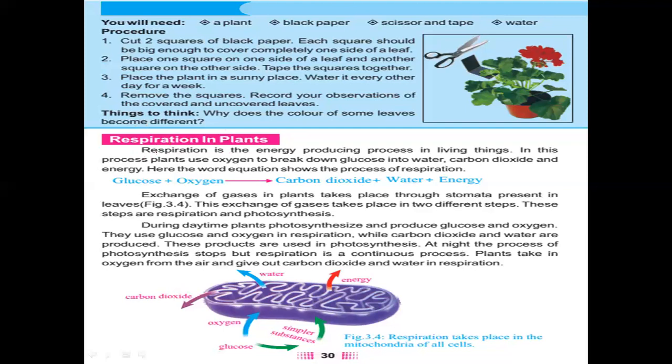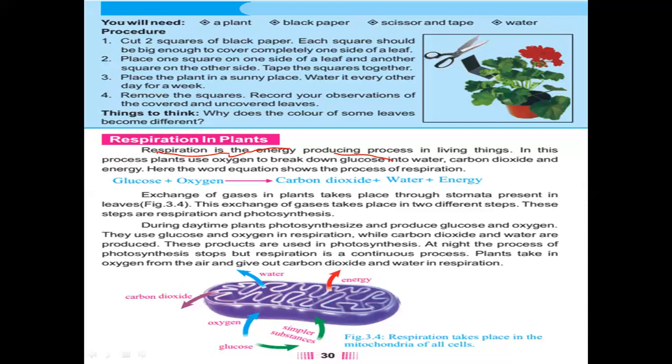Respiration is the energy producing process in living things, not only in human beings and plants, but in every type of organism. By it we get energy, and that energy is utilized for all of our daily purposes.